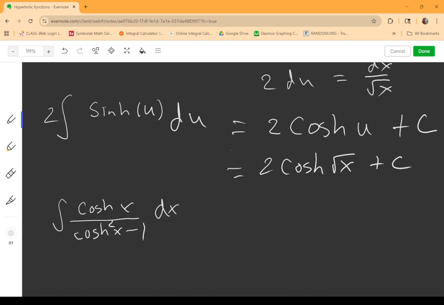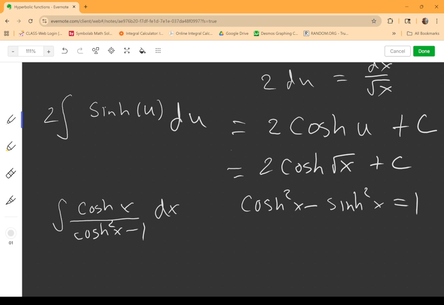I look at the denominator, and I'm like, oh, this looks like I can apply that hyperbolic identity, the one that relates cosh squared of x and sinh squared of x. So that's related in this form, right? A little different than the Pythagorean, right? It's not based off the circle. It's actually based more off the hyperbola, hence the name hyperbolic function.